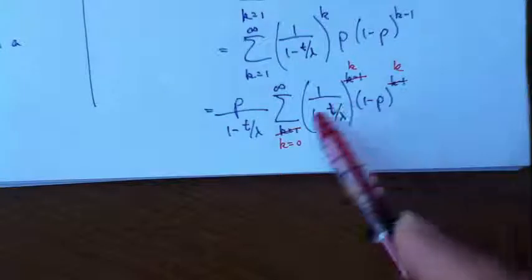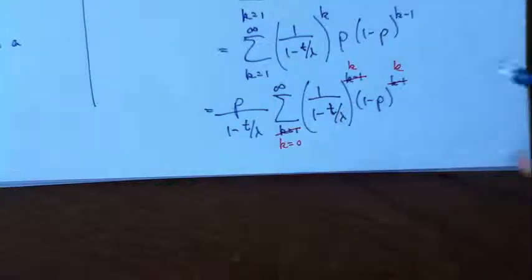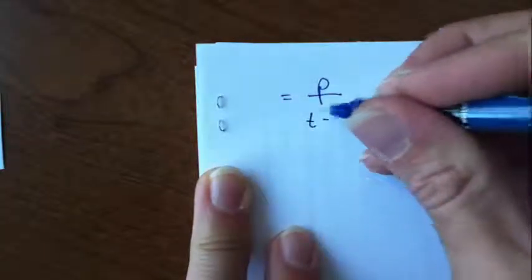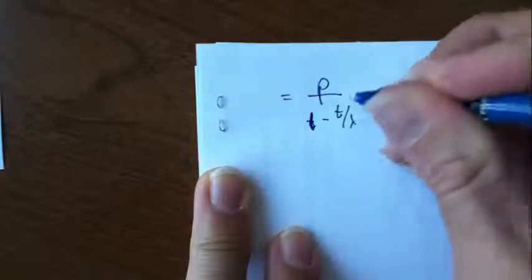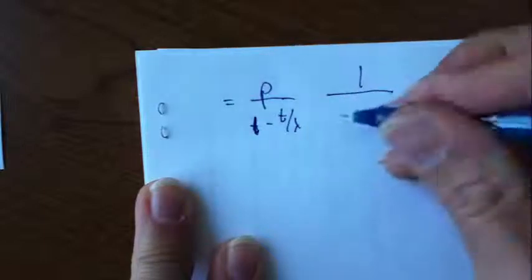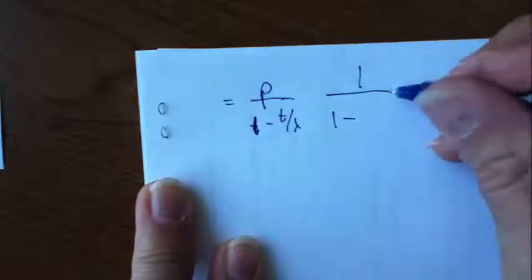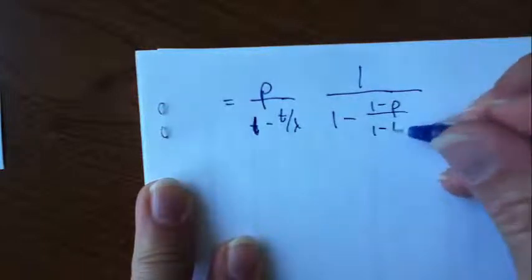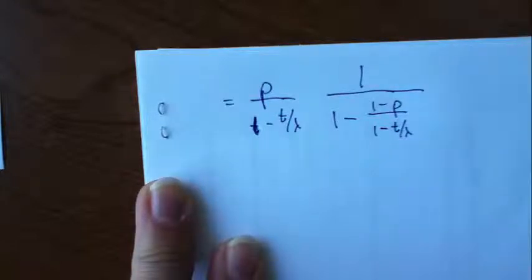So for certain values of t, I can write this as 1 minus t over lambda, and then times 1 over 1 minus p over 1 minus t over lambda.